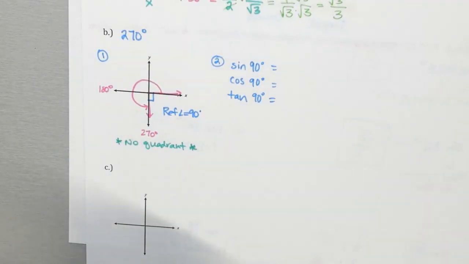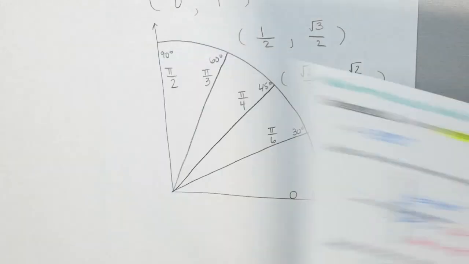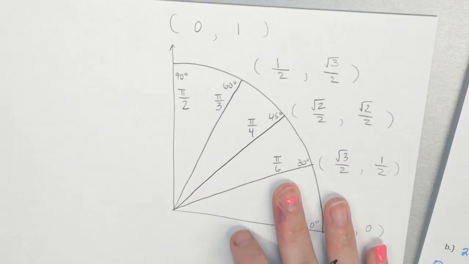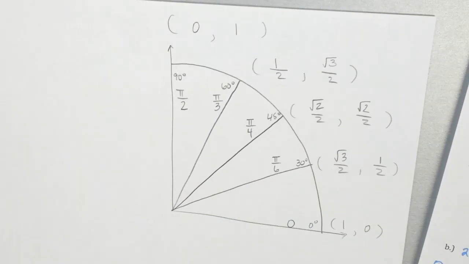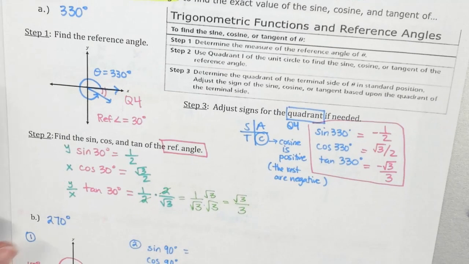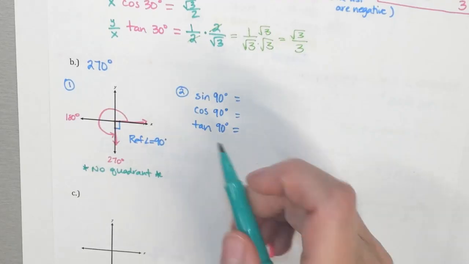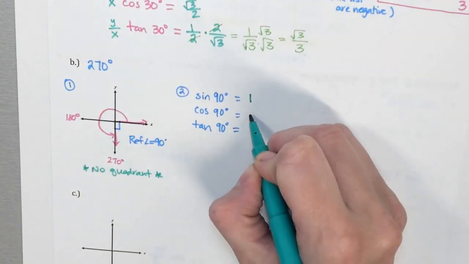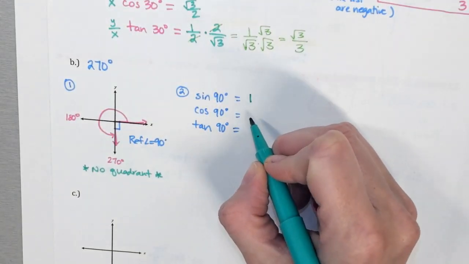Okay, so at 90 degrees, what is the point? So let's look. At 90 degrees, what's your point? 0, 1. Okay, so for 90 degrees, the y value is 1, the cosine is 0.